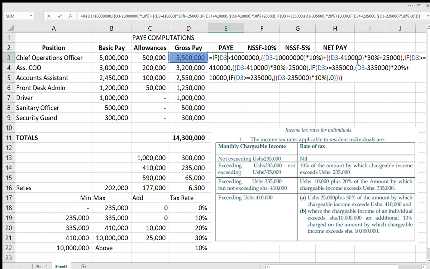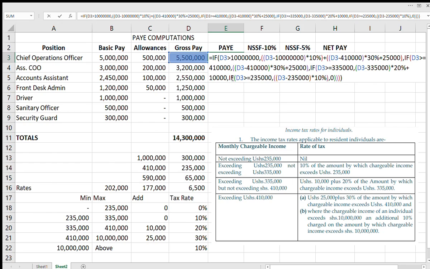So then after that, we go to another range, where a person's gross pay is above 235,000 but below 335,000. We are on this range, where the person is charged 10%, as in the summary here.